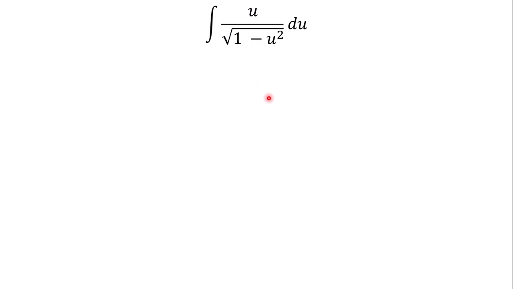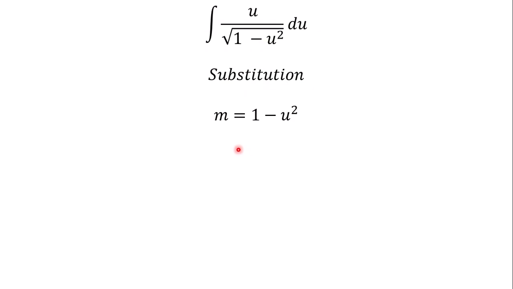We will let m be equal to 1 minus u squared. We are choosing the whole thing because this one will just give us 0, and maybe this one will give us what we'll be looking for. There's no need for us to make m be equal to this one alone, as that is just the same thing in a different form. So to be on the safer side, we let m be equal to this whole thing.